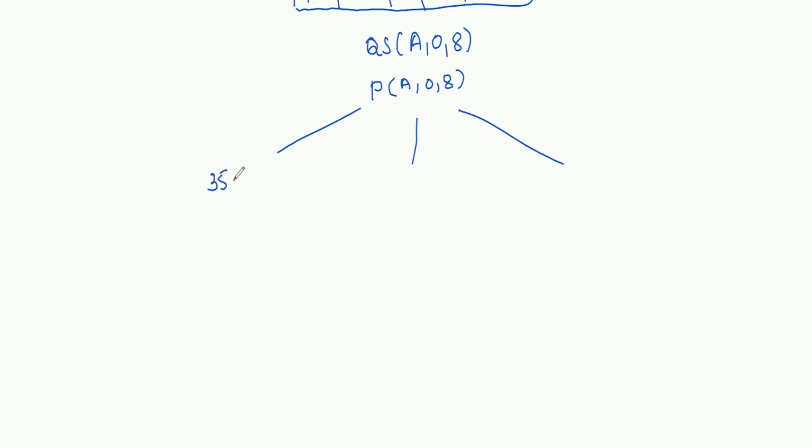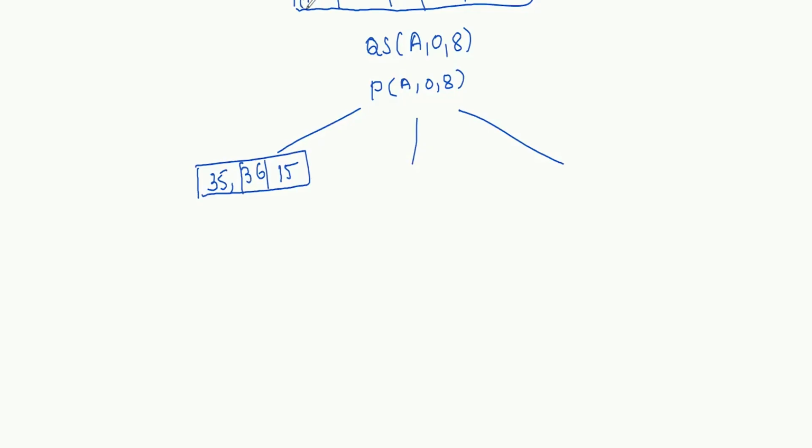Okay, we called the very first quicksort function for this. We called quicksort of a comma 0 comma 8, which in turn called the partition function of a comma 0 comma 8. And it divided our array in this way: 35, 36, 15.